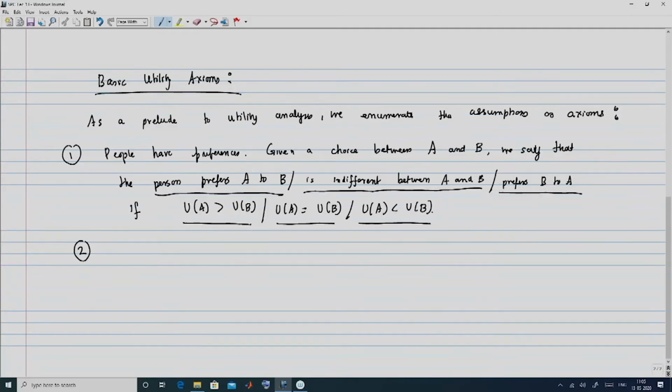So, the second axiom that you have here is that people's choices are transitive.